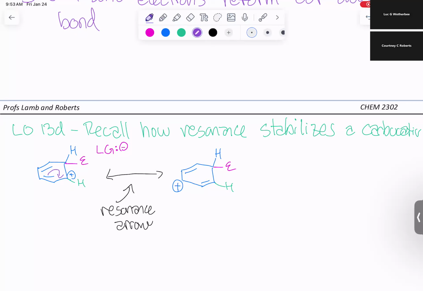We can continue to share the load over a different carbon, taking that double bond on top. We can move it to quench that carbocation this time, and then we'll have a carbocation at a different position. In this case, we're not doing any deprotonation or anything like that.